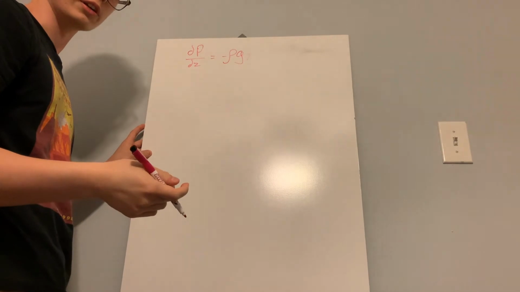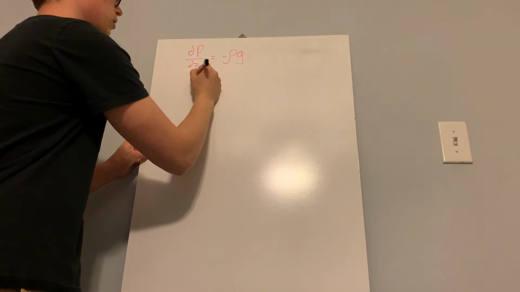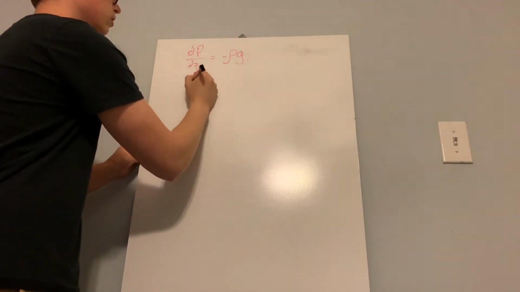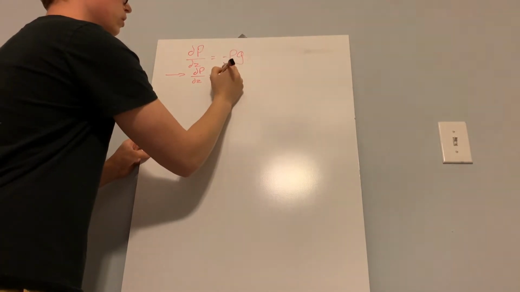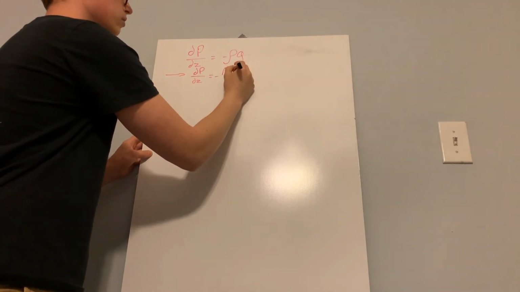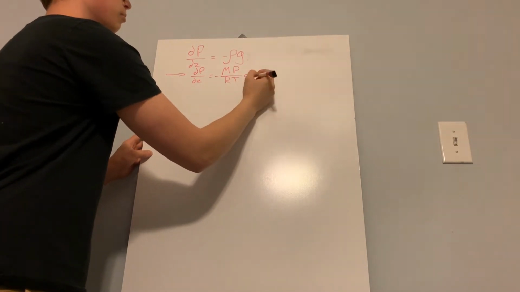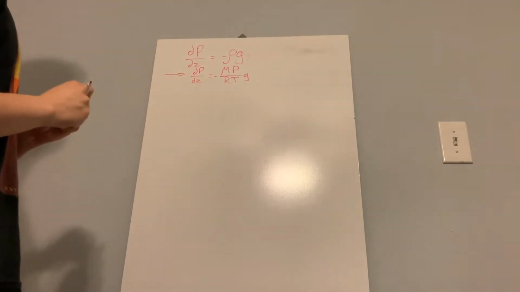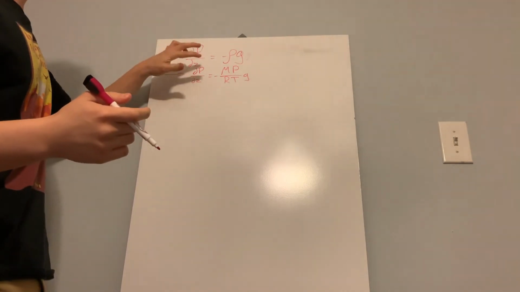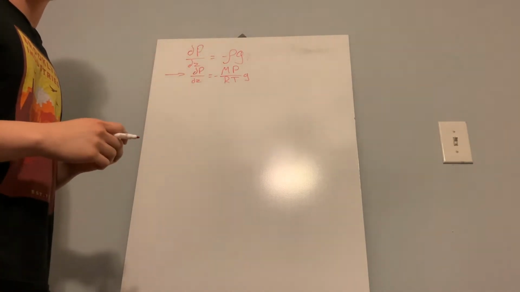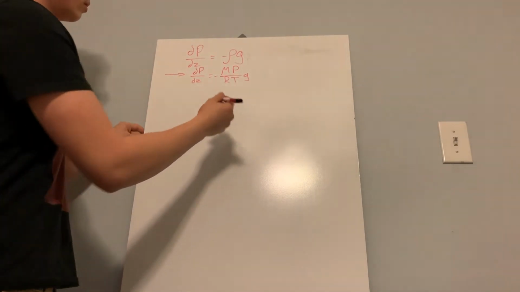Using our ideal gas equation, we can substitute in for density, so dP over dz is equal to negative molar mass times pressure over RT, times g, maintaining our acceleration due to gravity. And now we're going to begin to look at the temperature and pressure with respect to dz, which is our change in altitude.